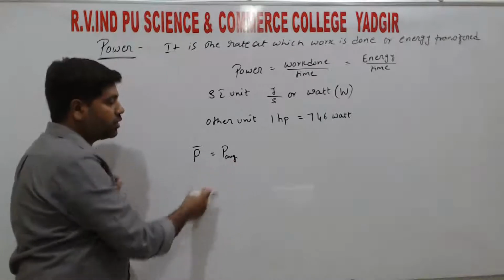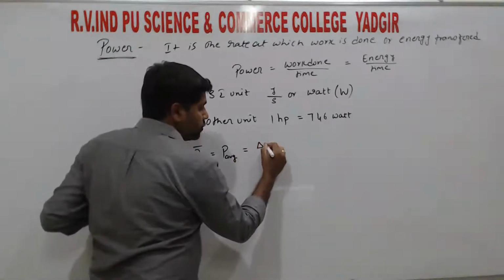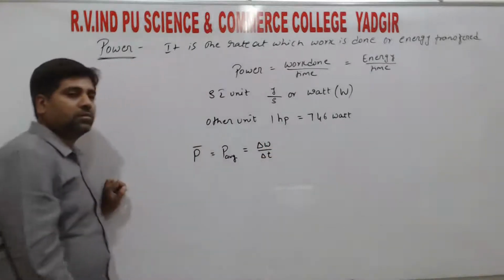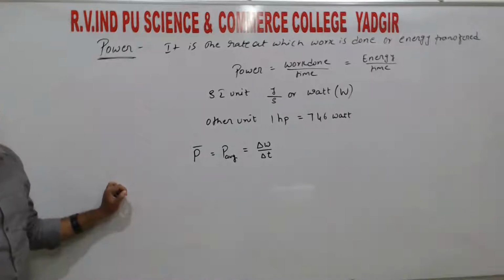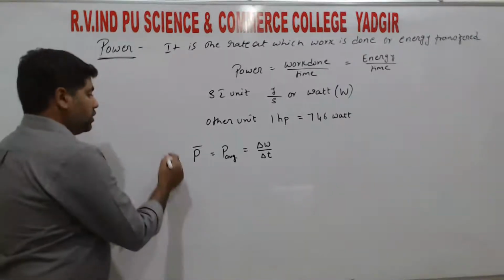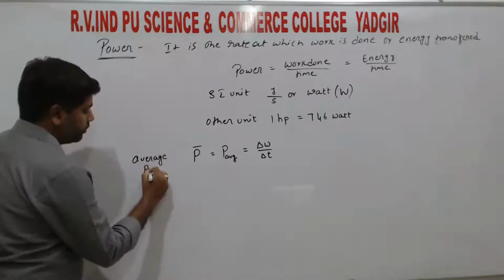So this indicates the average power, right? Average power is equal to small change in work done to the small time taken, that is delta W by delta t, right? So this is average power.